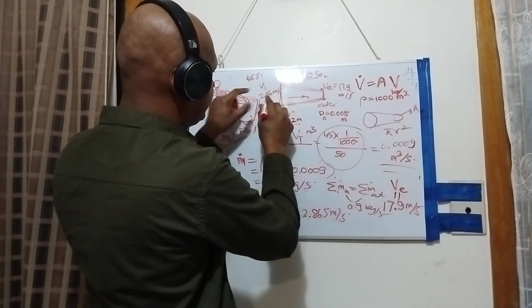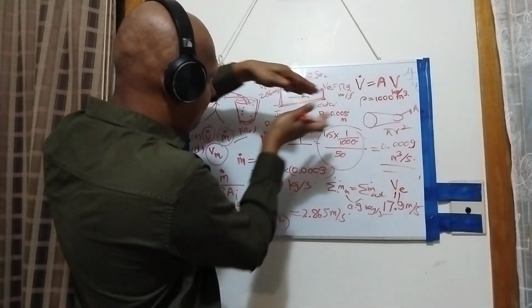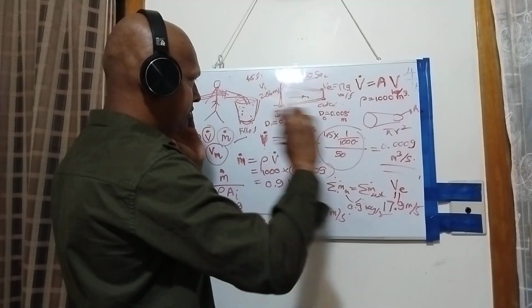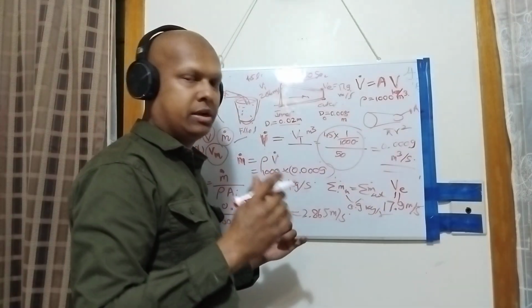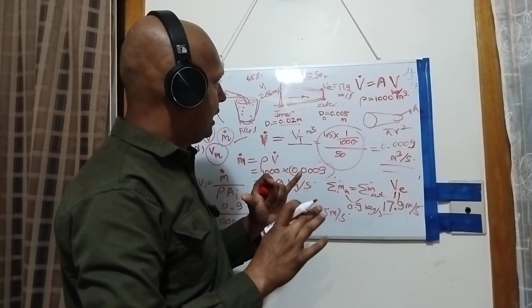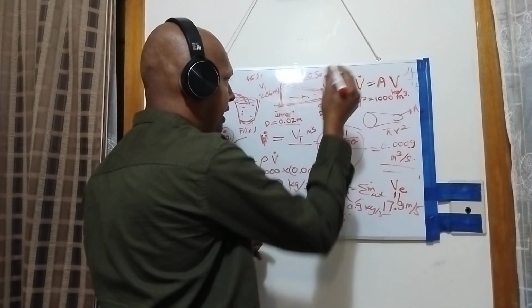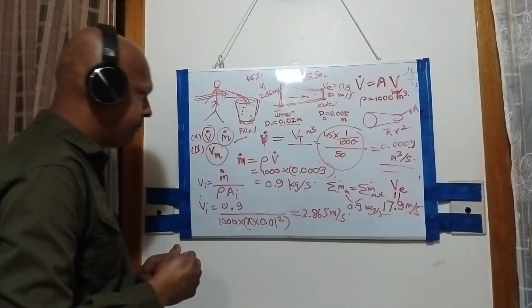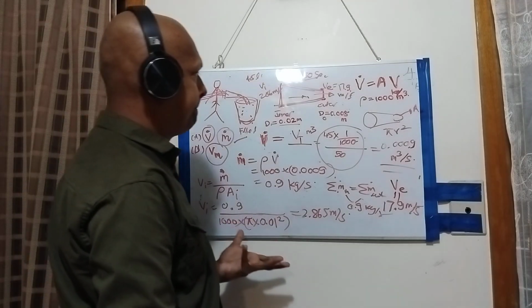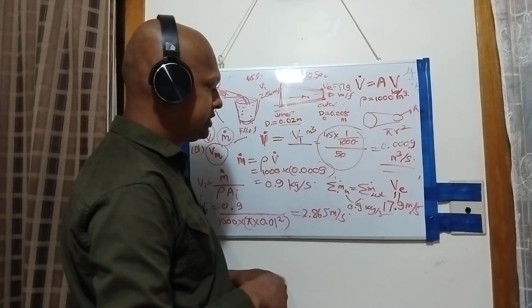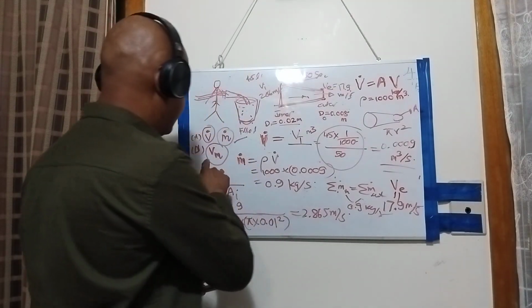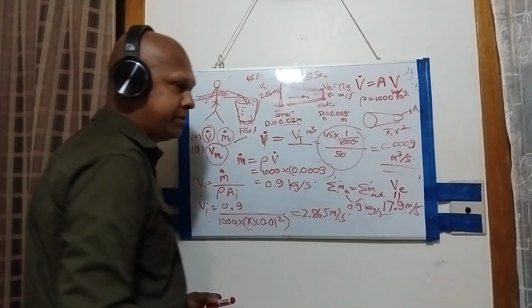So you can clearly see that the change of the geometry, the reduction of the geometry of the nozzle makes the velocity go faster. So what we can consider is that our next answer is the mean velocity.